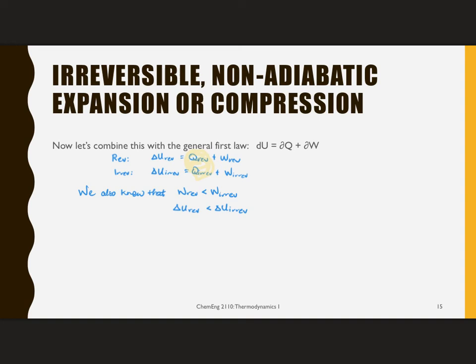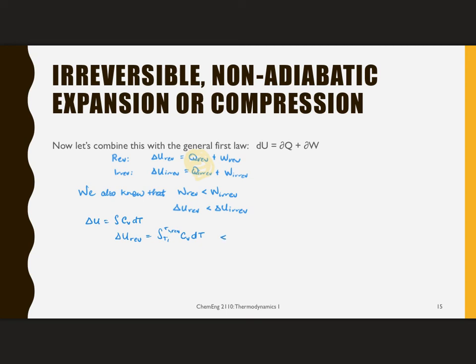We have previously defined that delta U is the integral of CV dT. What if we start at T1 and look at what the final temperature would be for this reversible process and this irreversible process? If I do this for delta U for the reversible process, it's T1 to T2 reversible of CV dT, okay?